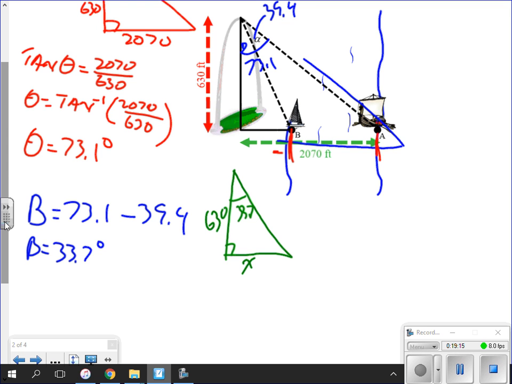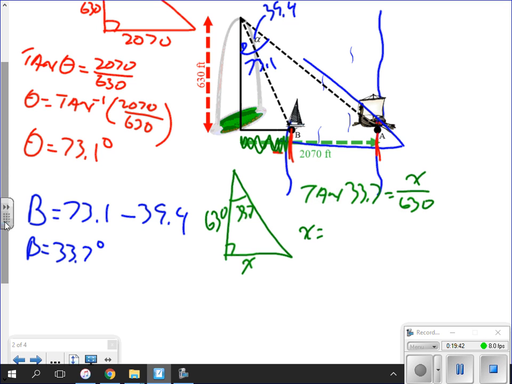And now I can find that length there from the small triangle. I can figure out what this length here is on the small triangle now. So the trig function, once again, this would be a tangent because it doesn't involve a hypotenuse. So the tangent of 33.7 equals x over 630.